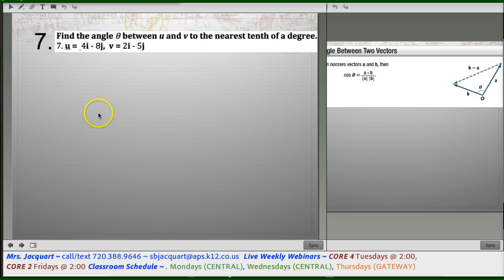All right, find the angle between the two vectors to the nearest degree. So what we're going to do is we're going to know that cosine theta equals the dot product of u and v over their magnitudes. So let's plug in all of the numbers.